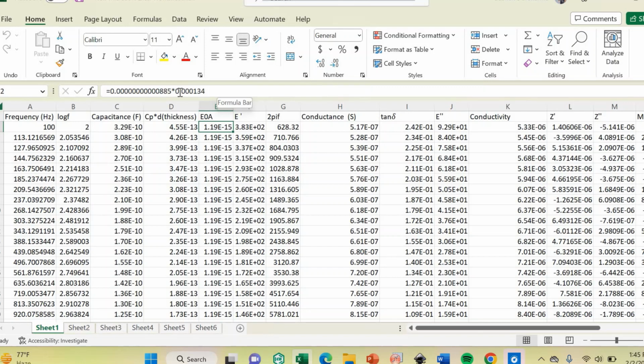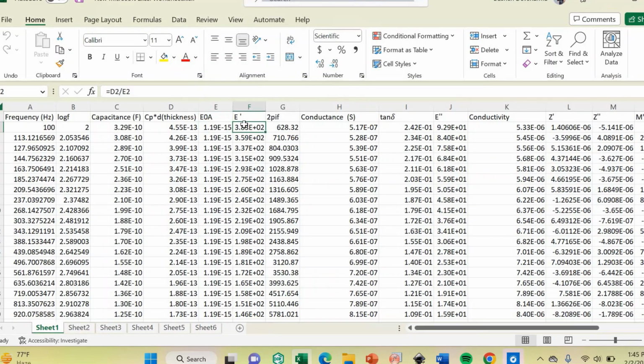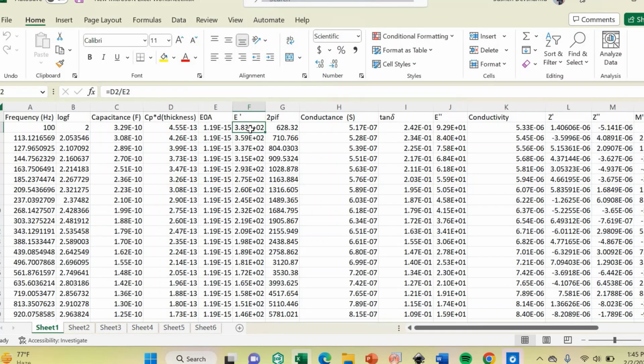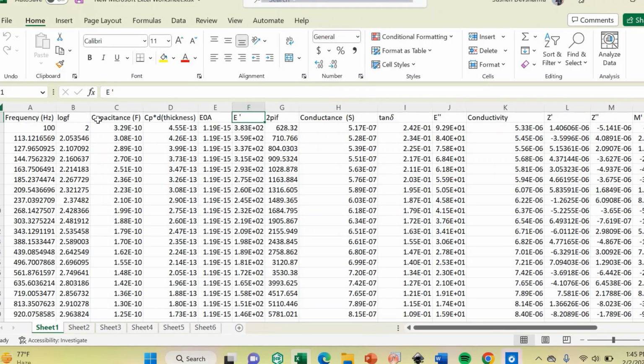Now we have to calculate the real part of permittivity, which we indicate as epsilon prime. So how to calculate this parameter? You can see D2 divided by E2.